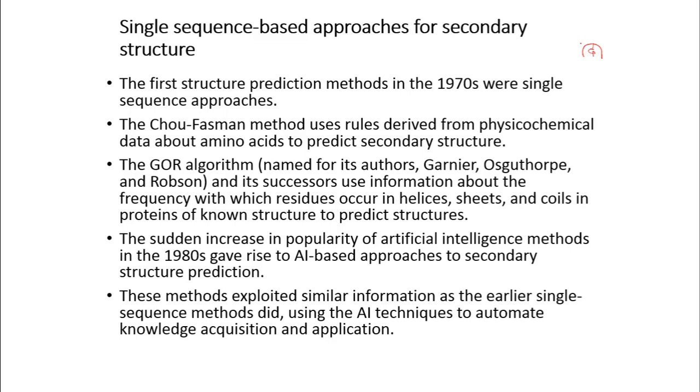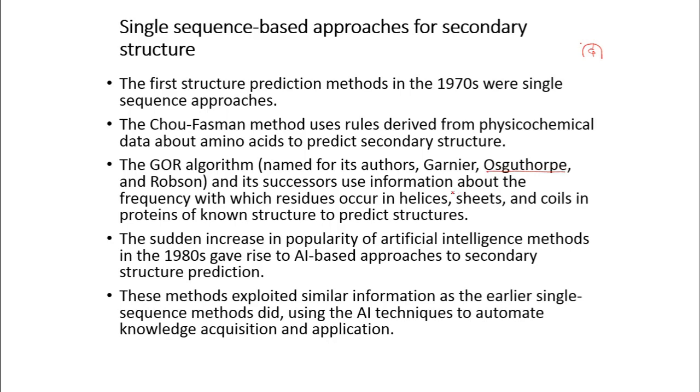Yes, sir. Okay, good. So after this pioneering work, another algorithm was proposed called GOR. It was named after the authors Garnier, Robinson, and Osguthorpe. I don't know how to pronounce it, to be very frank.